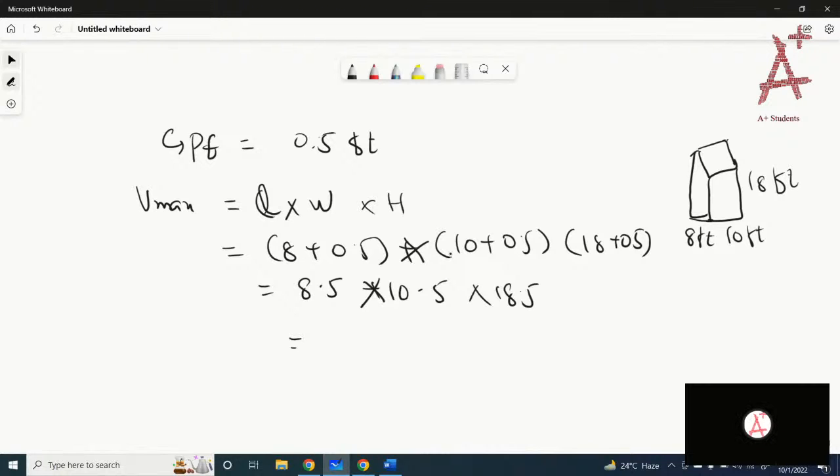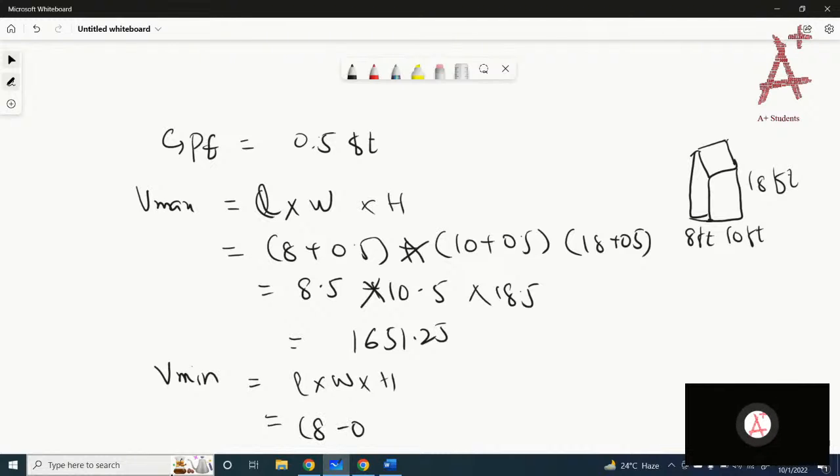So they are 8.5 times 10.5 times 18.5. So it is 1651.25. And for the minimum volume, you have to subtract the greatest possible error from all the values, and then you have to multiply them. Got it? You have to do 8 minus 0.5, then 10 minus 0.5, then 18 minus 0.5.